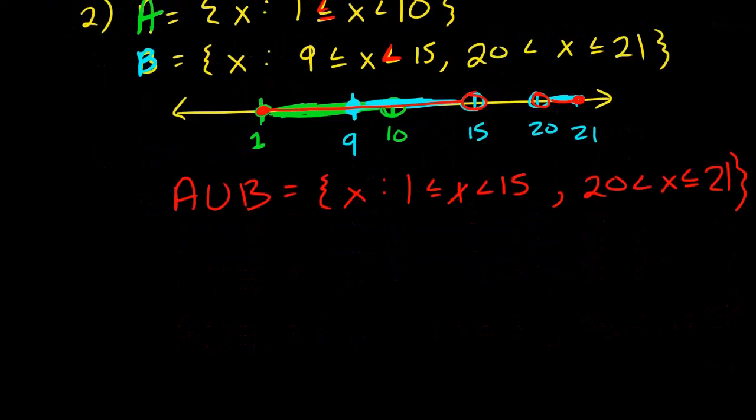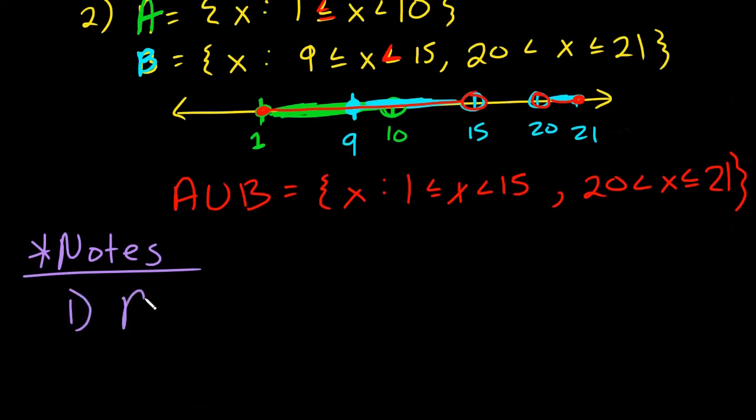A few things that I want to point out about unions. Some important notes about unions before we move on. Starting with the union between A and the null set, or empty set.